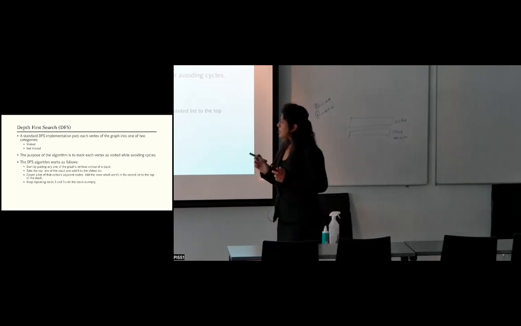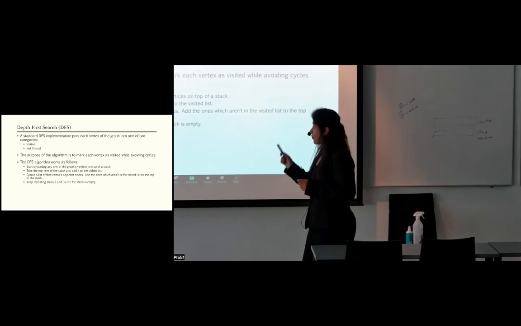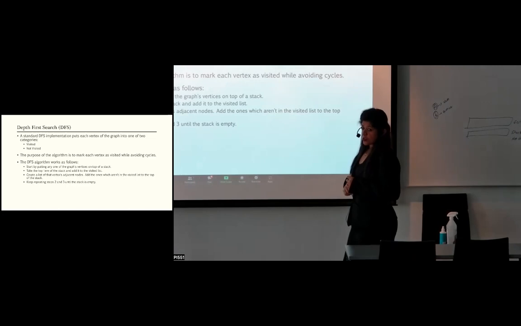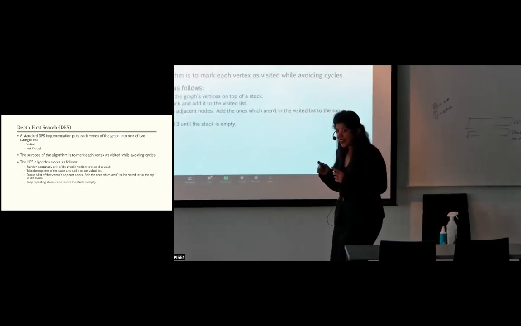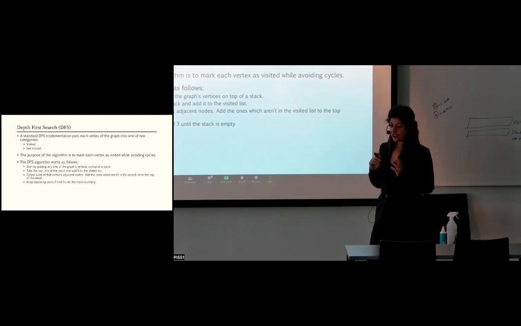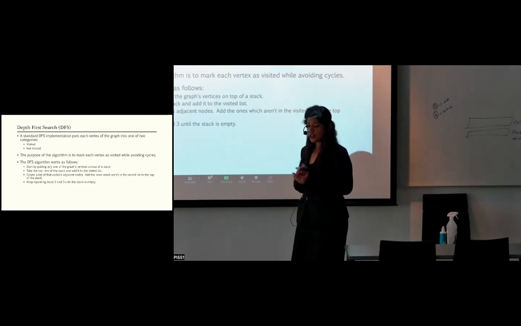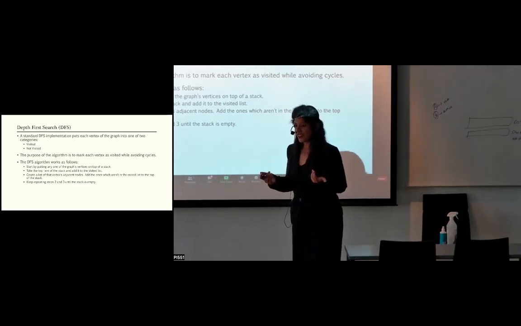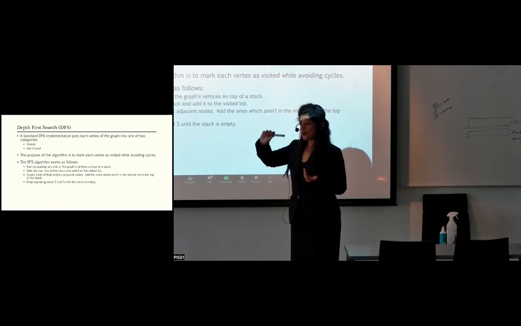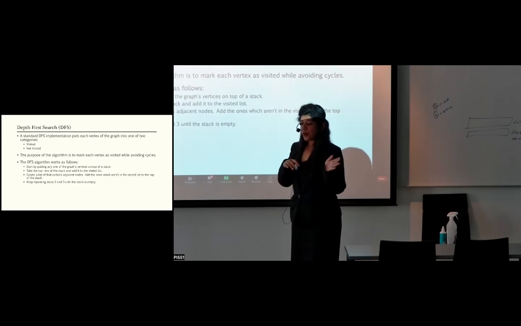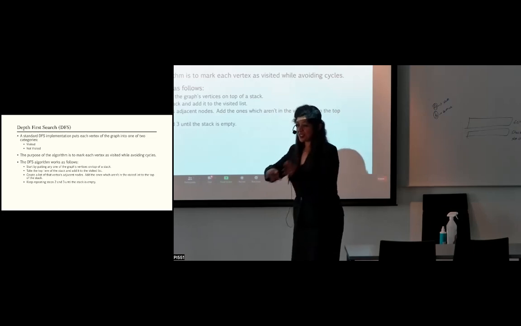The purpose of the algorithm is to mark each vertex as visited while avoiding cycles. No one wants to go in a loop. For example, if you are having a tour within Oslo, and you want to visit some of the tourist places, you don't want to hop in and hop out, hop in and hop out at the same place.